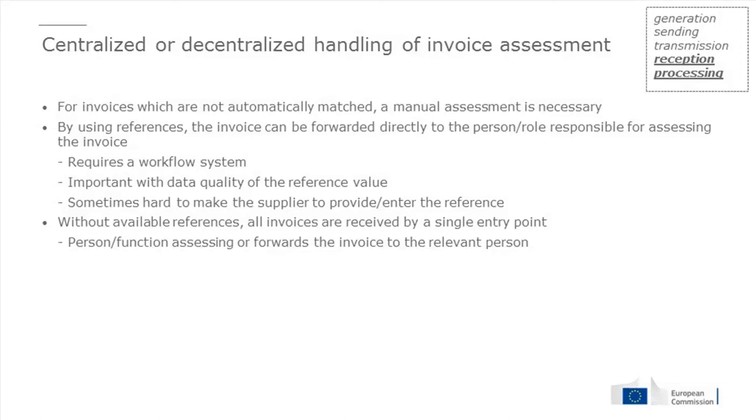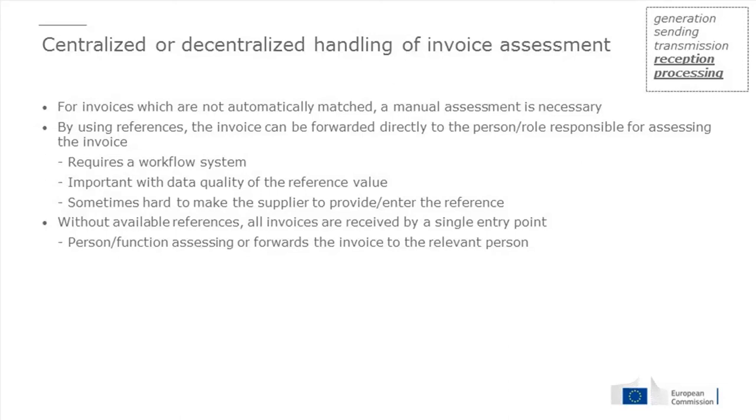Typically, we're using references in the invoice, so the invoice can be forwarded directly to the person who is responsible for the purchase, so that he or she can make sure that this is a valid purchase, and it can be approved. And this requires a workflow system.